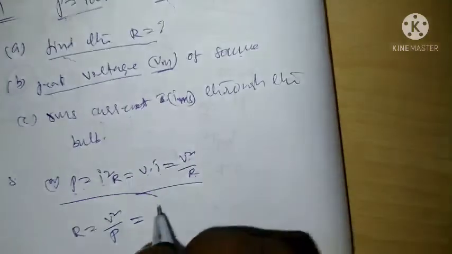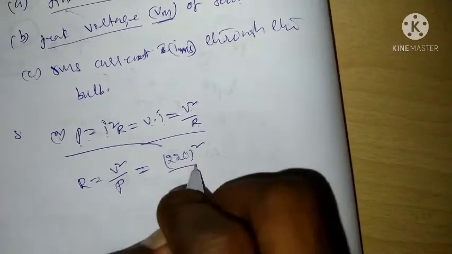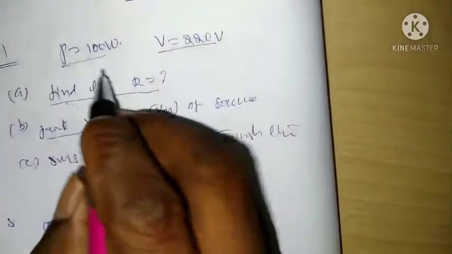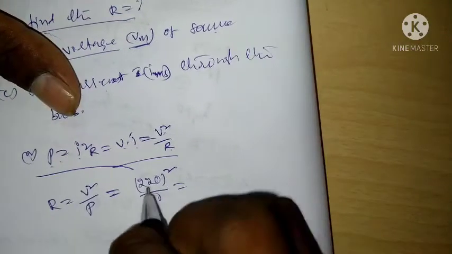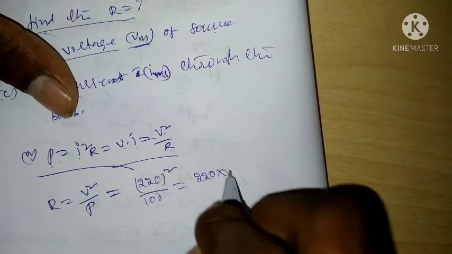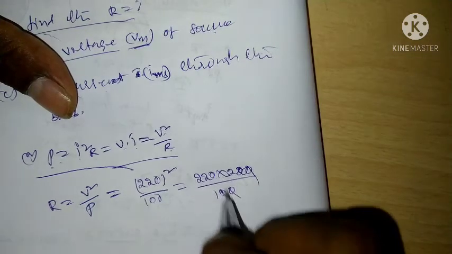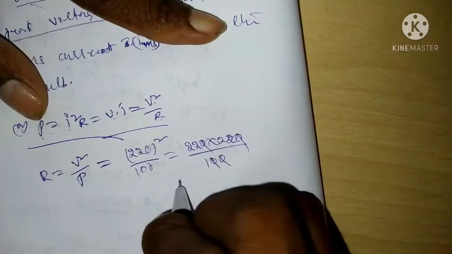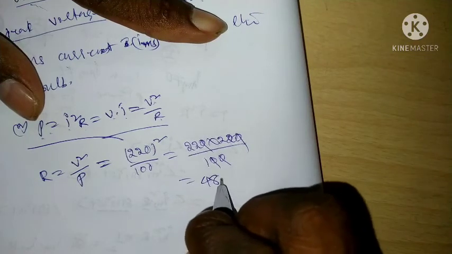What is the voltage? 220 volts. 220 square by, what is the power? 100 watts. That means 220 into 220 by 100. Zero cancels, zero cancels, and we get 484.